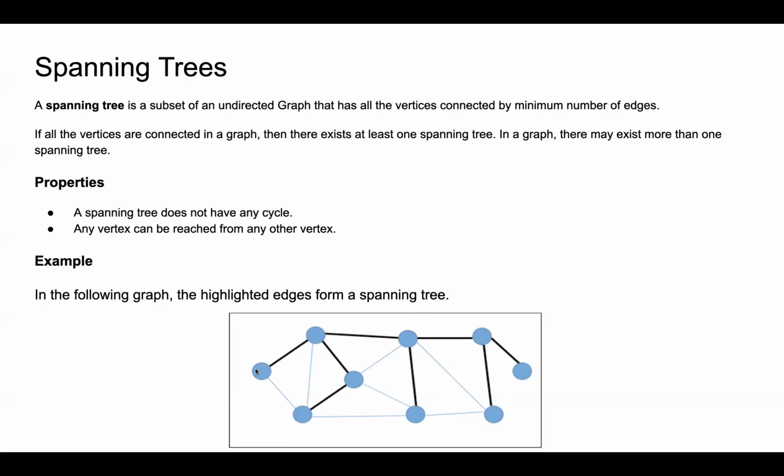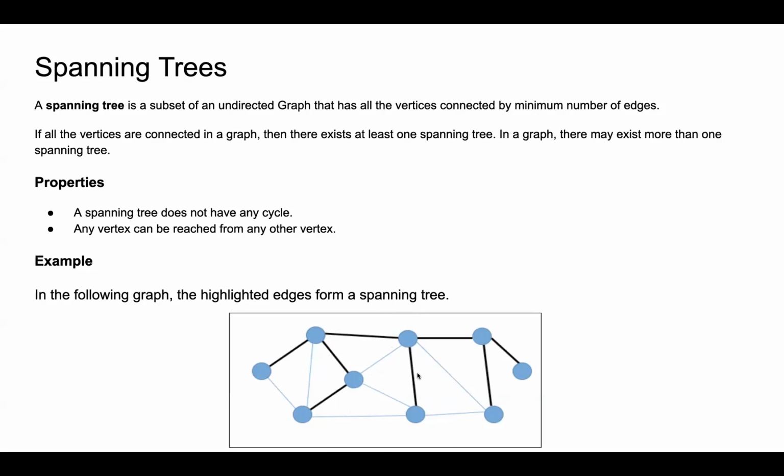Okay, means we can move from this node to this node also, and this node to this node also. We can go from any vertex to any other vertex directly, without having concern of direction.